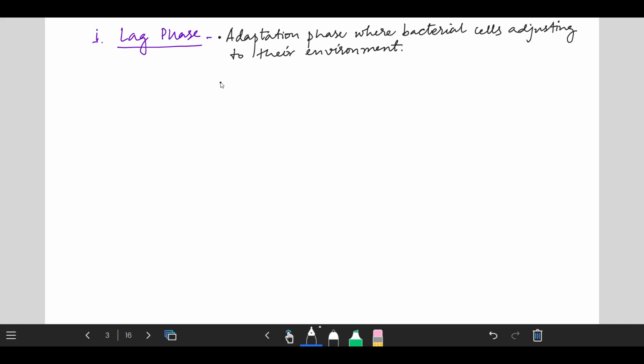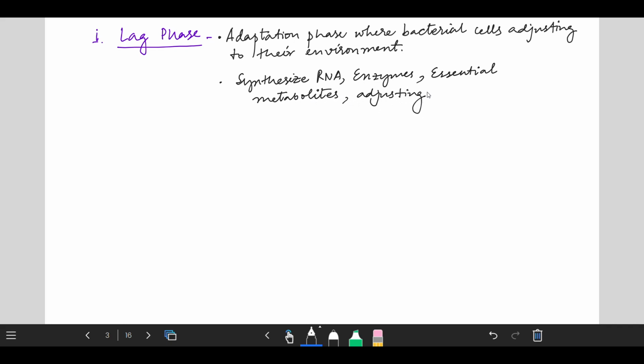So, what we have learned in this phase: they synthesize RNA, enzymes, essential metabolites, and also adjust to temperature, pH, etc., and also repair injured cells.